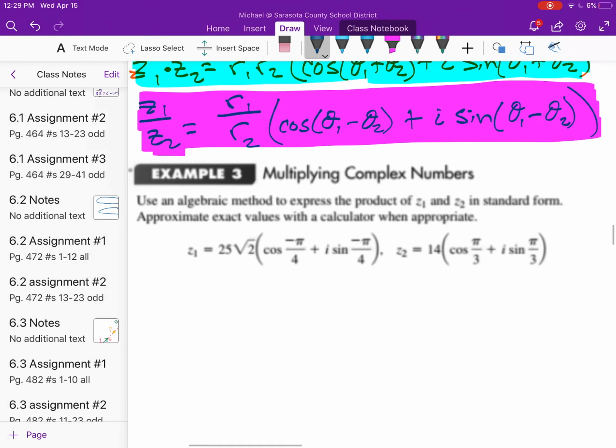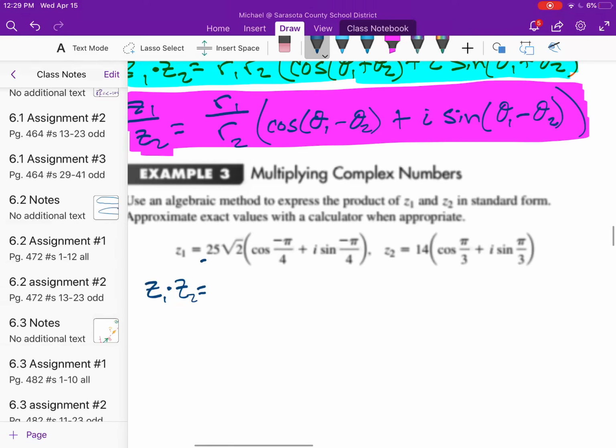To take Z1 times Z2, I will take the radius, or the modulus, however you want to call it, 25 root 2, and multiply that by 14.